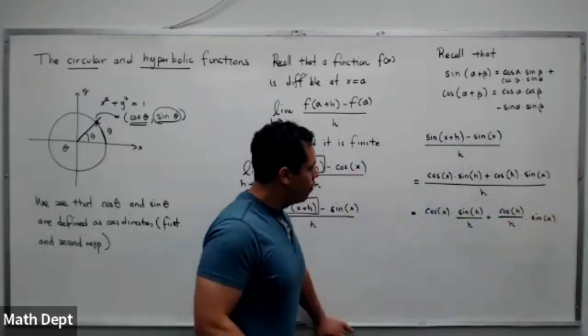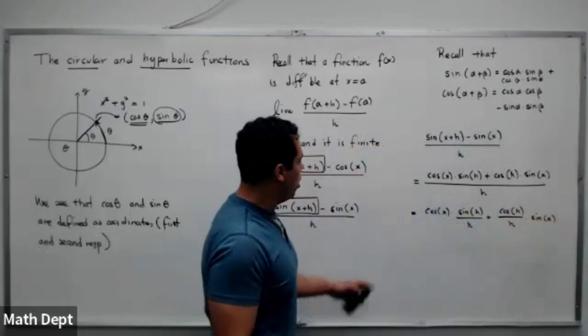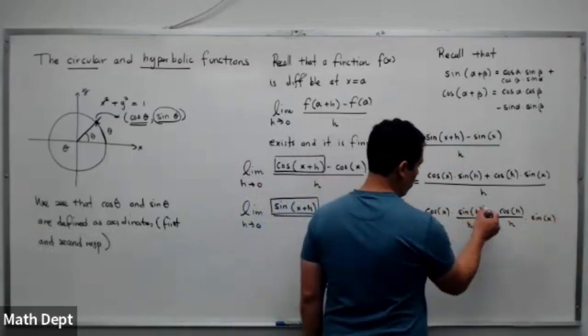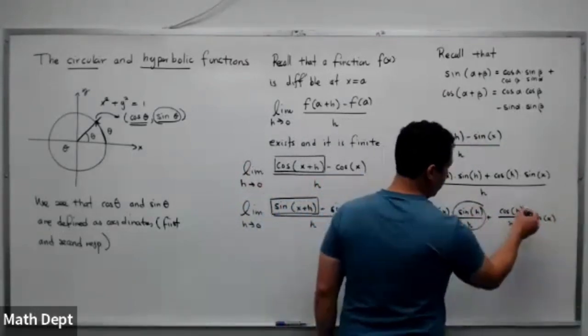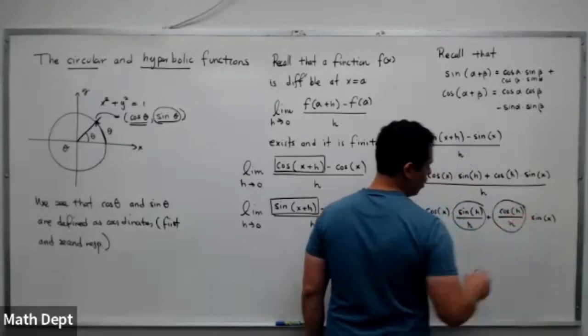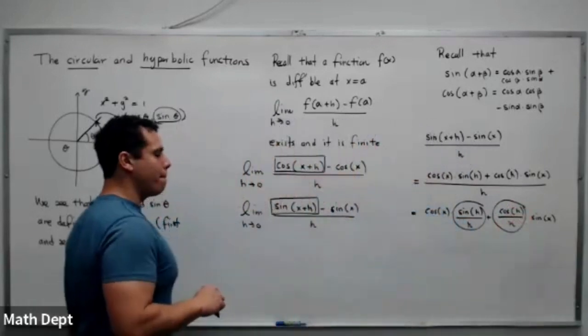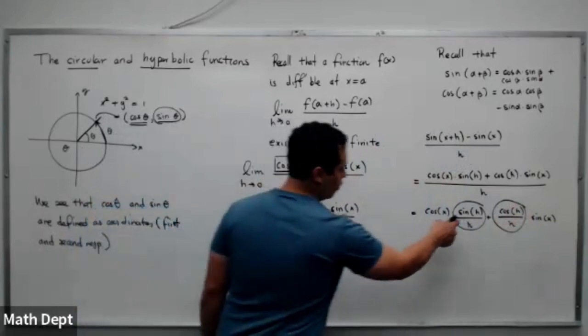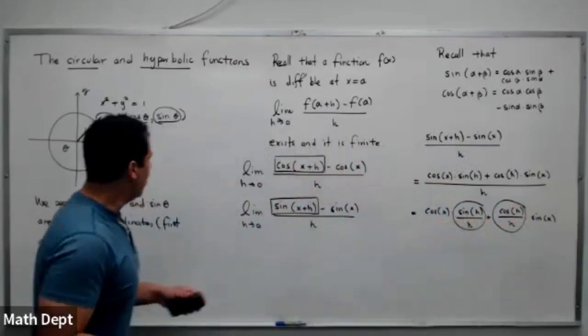In other words, in order to gain information about this limit, we may explore these two limits, the limit as h tends to 0 of these two. So let's investigate that one.